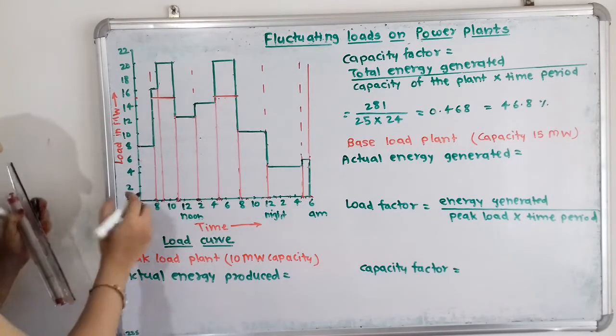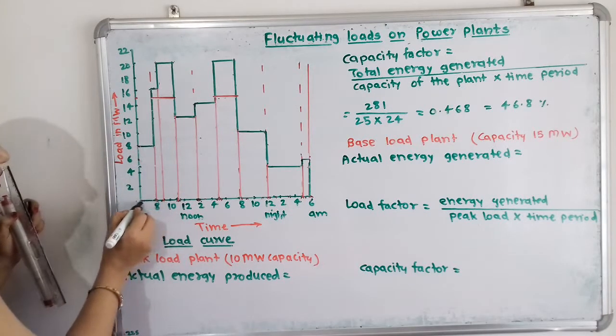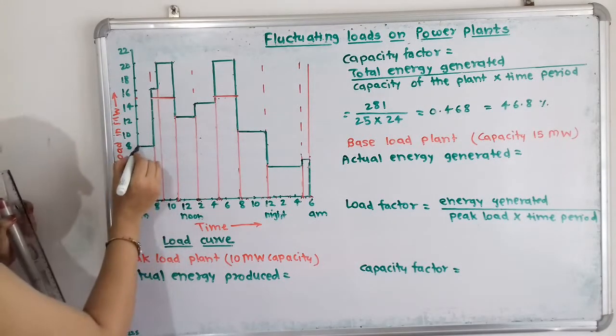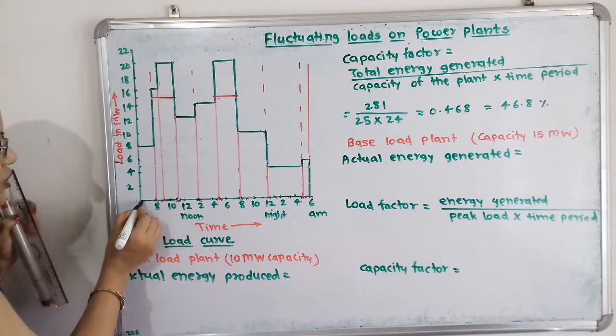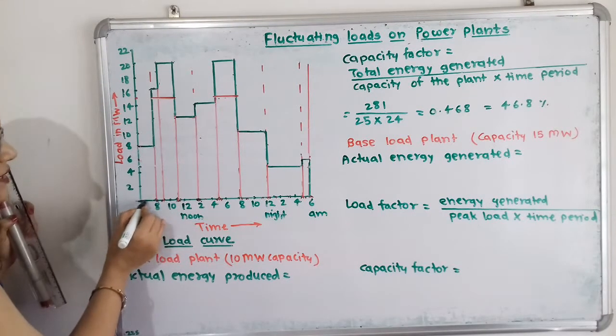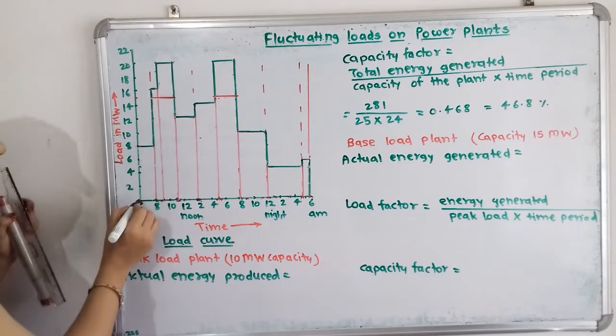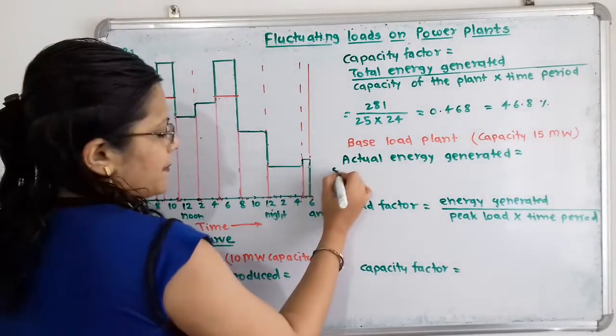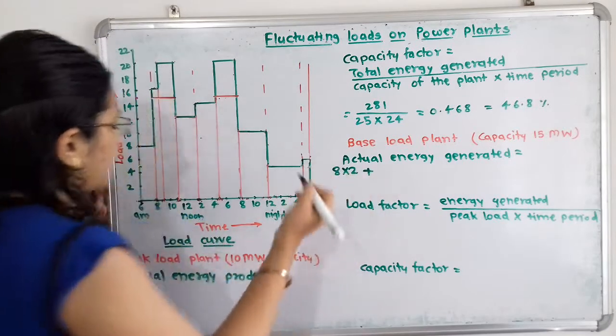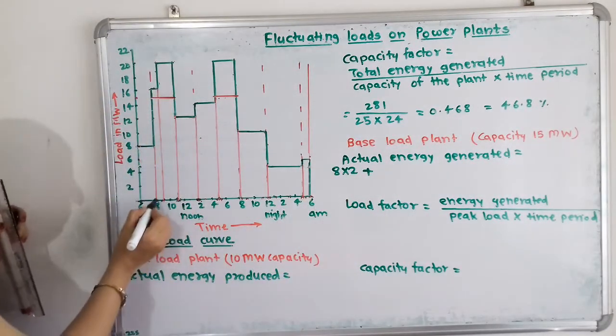So first we will take this first section. This is in the form of rectangle. So what is the area for this first section? That is number of hours 6 to 8, that is 2, and height is 8 megawatt. That is 8 multiplied by 2. Plus we will take the second section or second area.